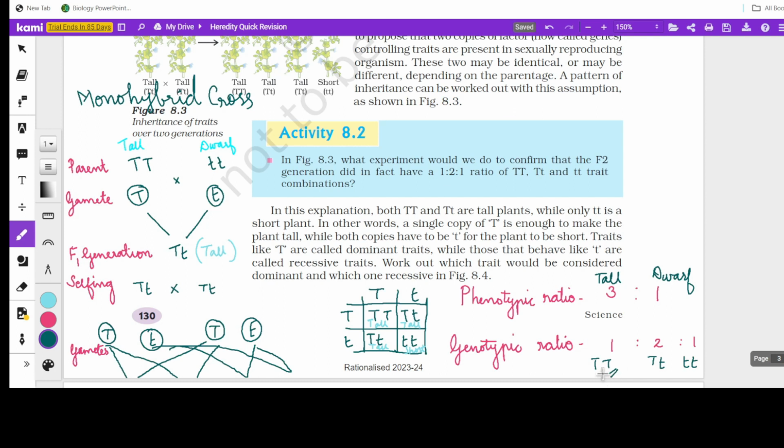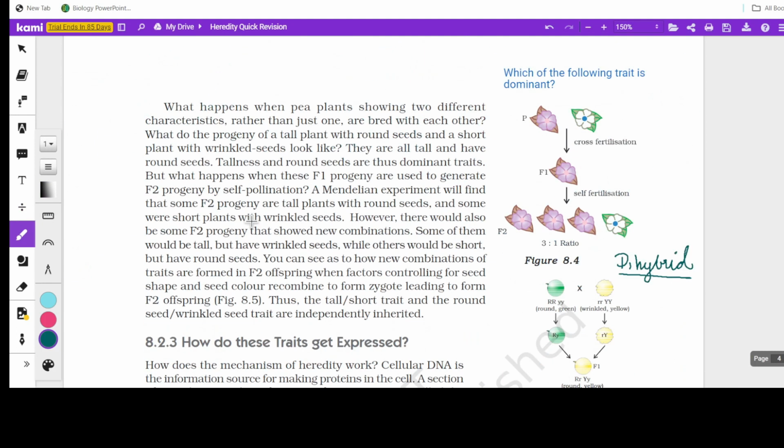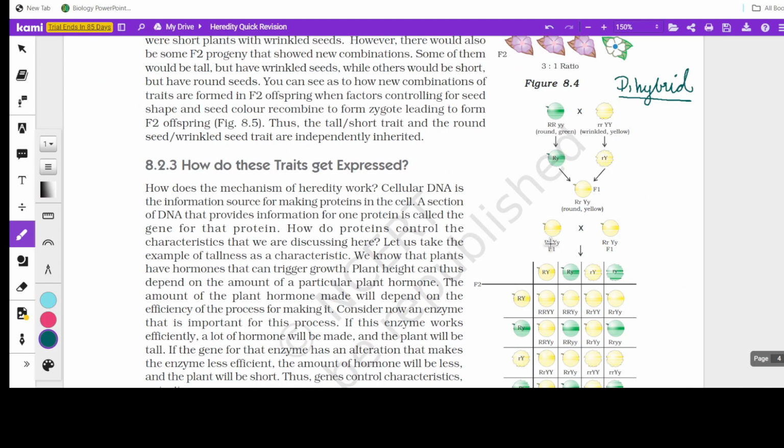So keep that in your mind. Whenever you represent the number of alphabetic combinations, it is the genotypic ratio. Here we have both capital letters, one combination, one capital and one small letter, that combination we get 2, and both small letters we get 1 combination. So the genotypic ratio is 1:2:1. So what I said now is for the children who always get confused with phenotypic and genotypic ratio. So this is the monohybrid cross and this is the dihybrid cross.